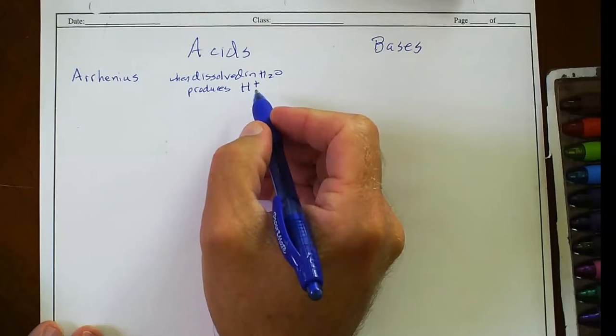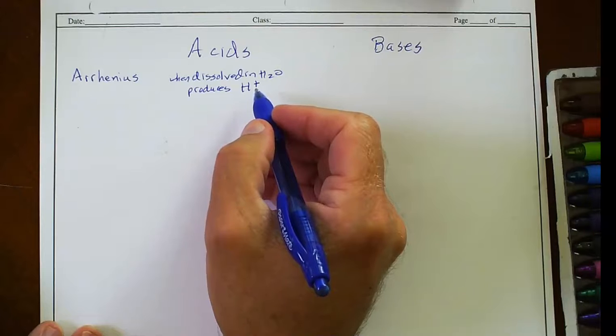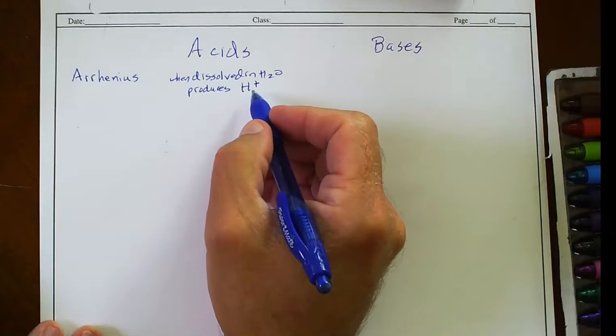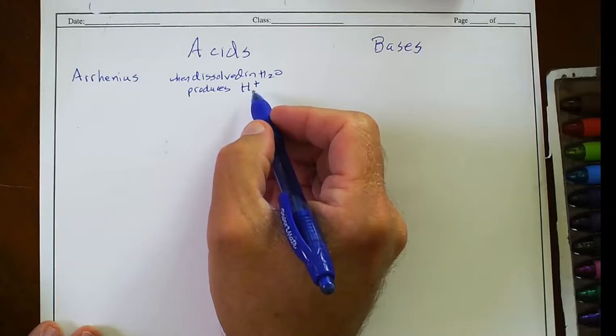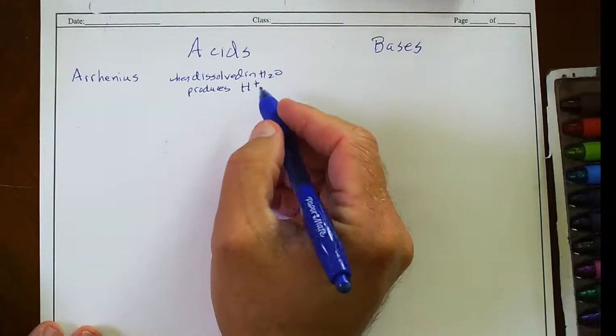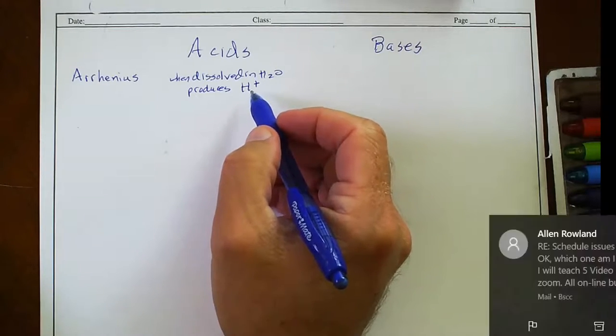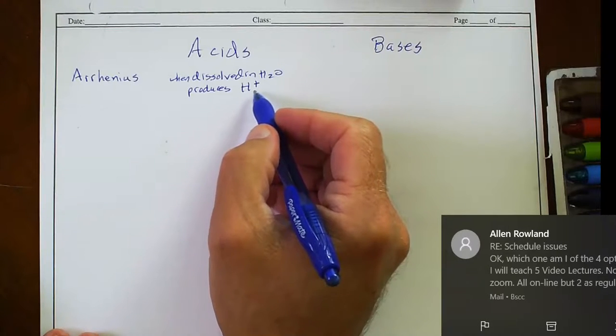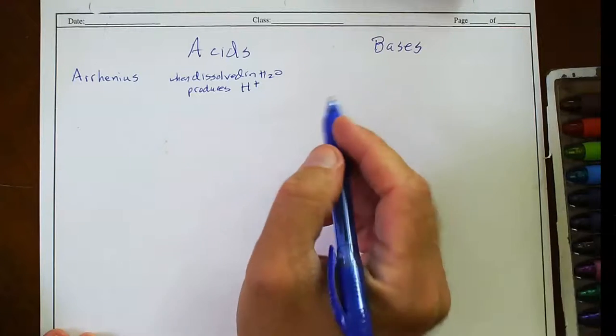That's hydrogen atoms that have lost their only electron, leaving them with a positive charge. Remember, a hydrogen atom has one proton, one electron. Yes, there are three isotopes, and they may or may not have neutrons, but that's not what we're looking at right here. We're considering that the hydrogen has lost its electron, and that makes it a hydrogen ion.